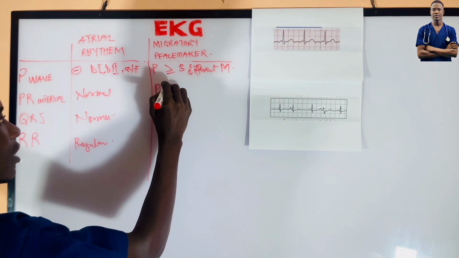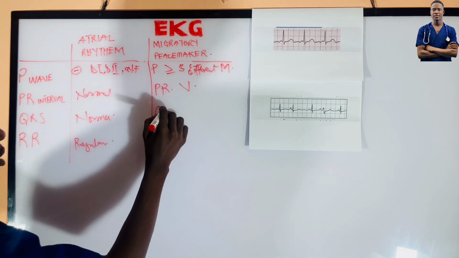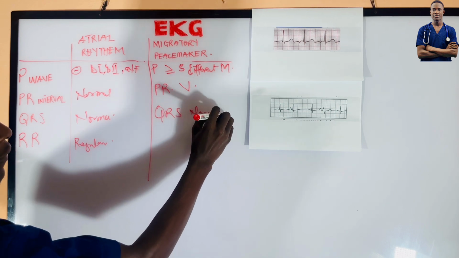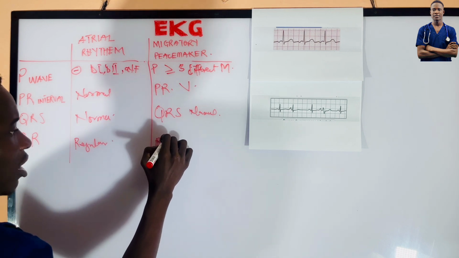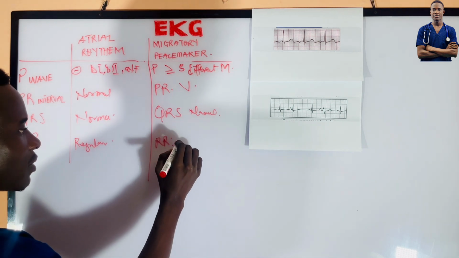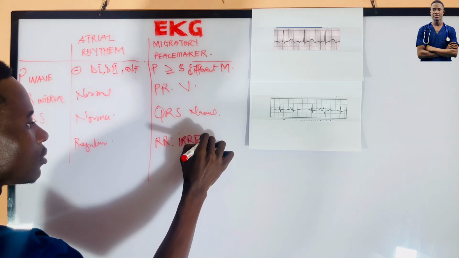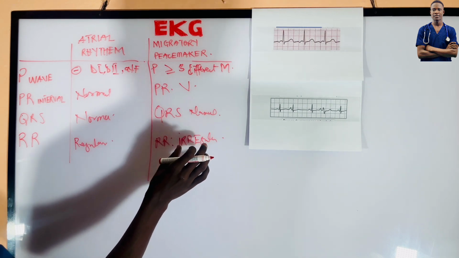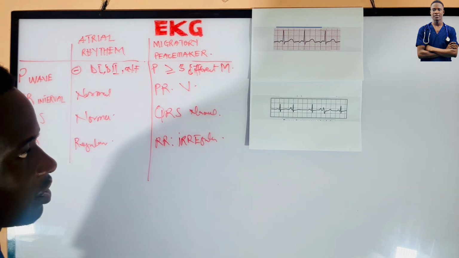The PR interval varies. And then the QRS complex becomes normal. We have our normal QRS complex. Now let's come to the RR interval. The RR interval over here becomes irregular.